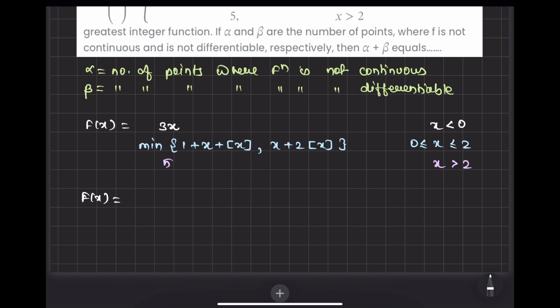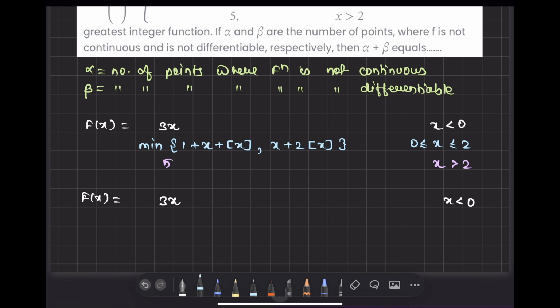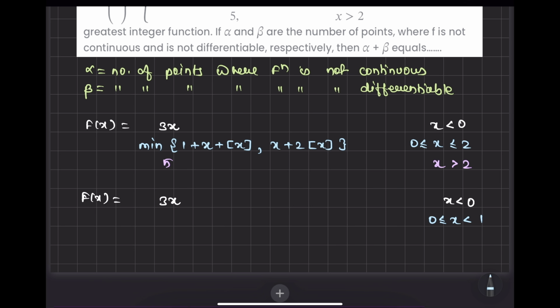Okay, so look at this. Now try to understand this part. We don't have a problem in x less than 0. So x less than 0 is okay. Now we will take 0 to 1, and 1 is not included.